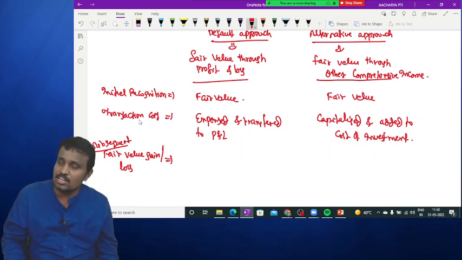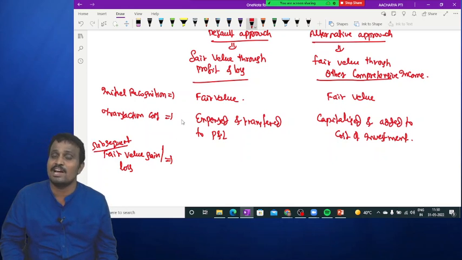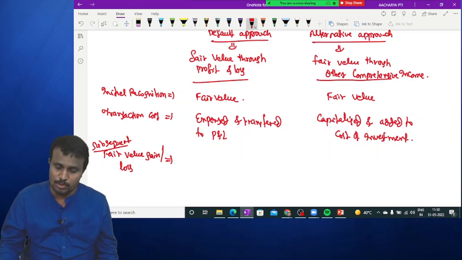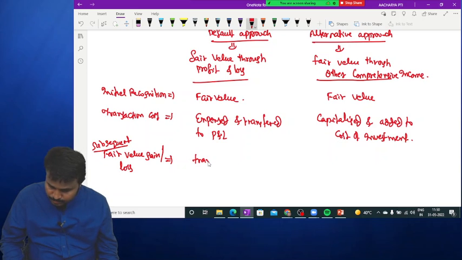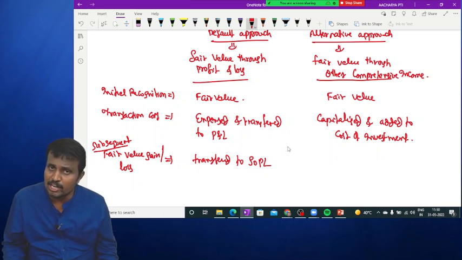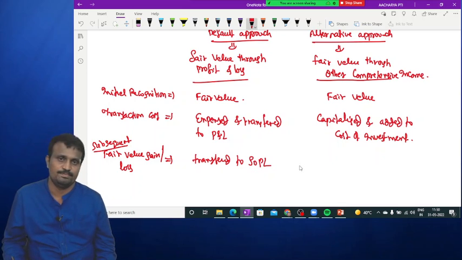Then what is the adjustment relating to the fair value gain or loss in case of the default approach and in case of the alternative approach? Please listen carefully, this is very important. Fair value gain or loss relating to the default approach is transferred to which account? Statement of profit and loss.